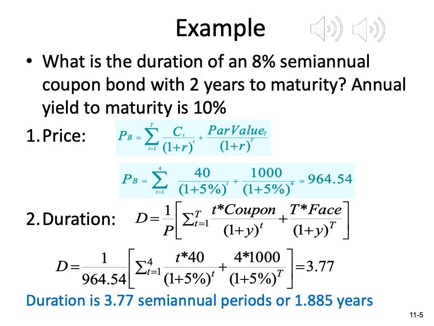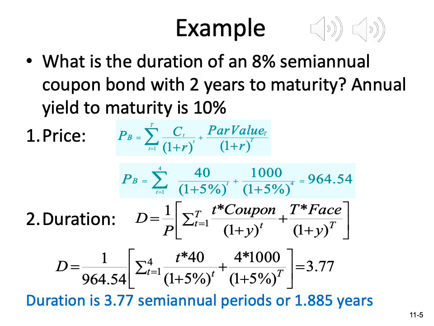Each will be discounted at 1 plus 5% to the appropriate time period. 5% here is half of the yield to maturity because we're talking about half years. And then the last discounted cash flow is the face value discounted back, which is $1,000 divided by 1 plus 5% to the power of 4. So the capital T is 4 because this is in the fourth time period.